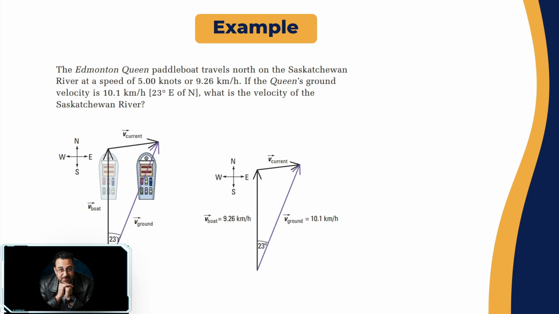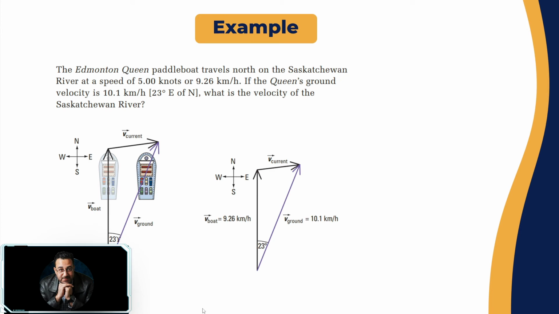Knots is a unit to measure speed. Wind is pushing the boat in this case, I would say. So its speed is 9.26 kilometers per hour. If the ground velocity is 10.1 kilometers per hour at 23 degrees east of north, what is the velocity of the river in this case?